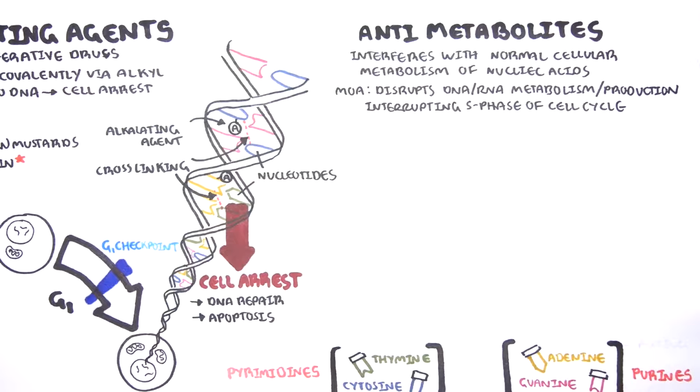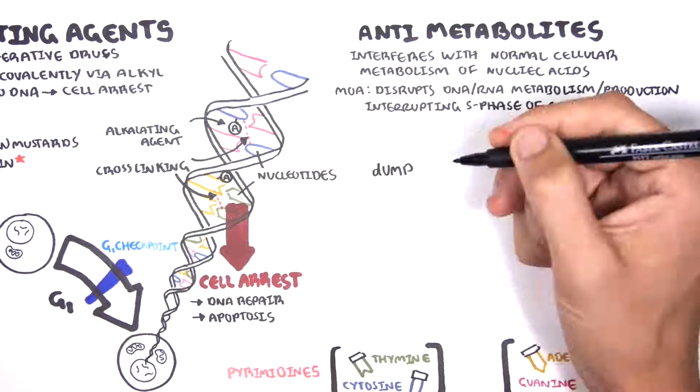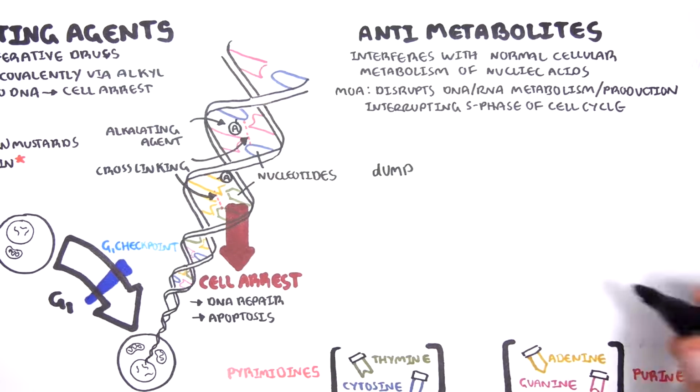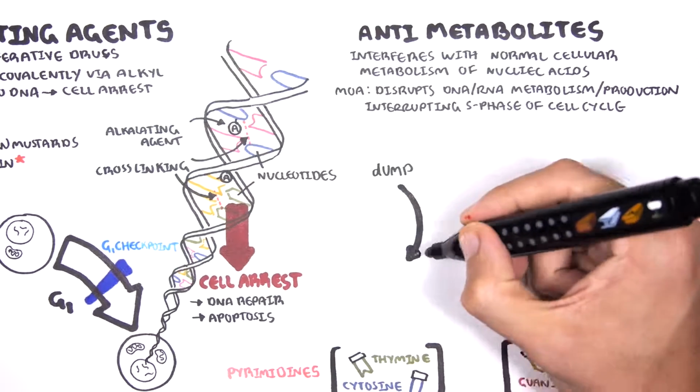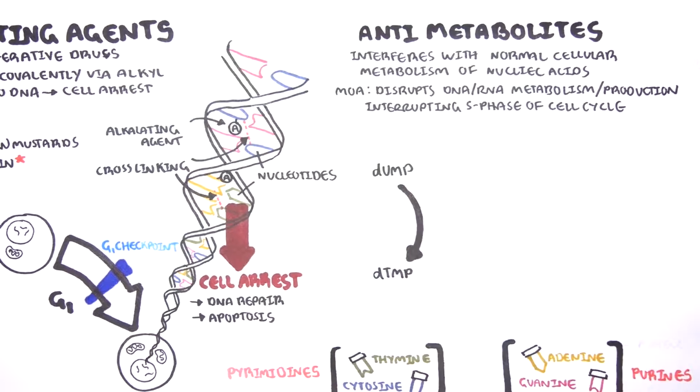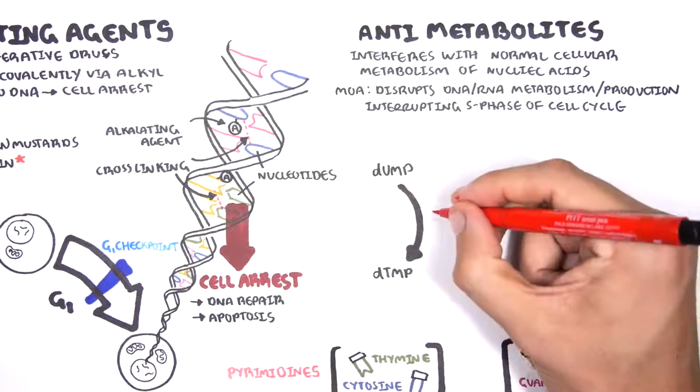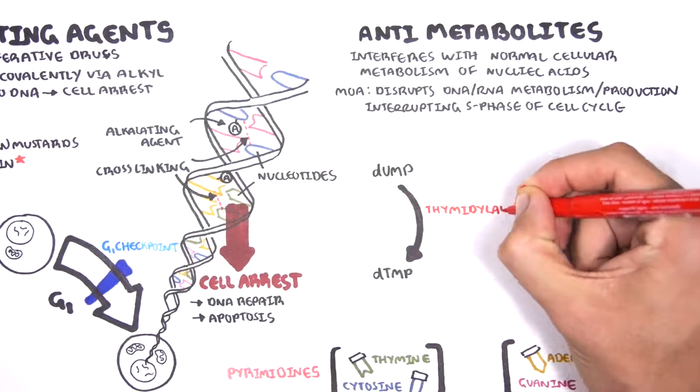The four nucleotides for DNA are thymine, cytosine, adenine, and guanine, of which thymine is strictly DNA. Thymine, the DNA nucleotide, is made after a series of reactions. One important reaction is from dUMP to dTMP. This reaction is carried out by an enzyme called thymidylate synthase.